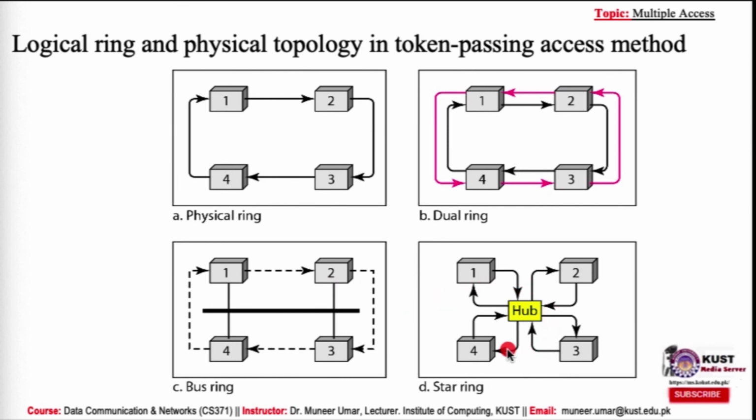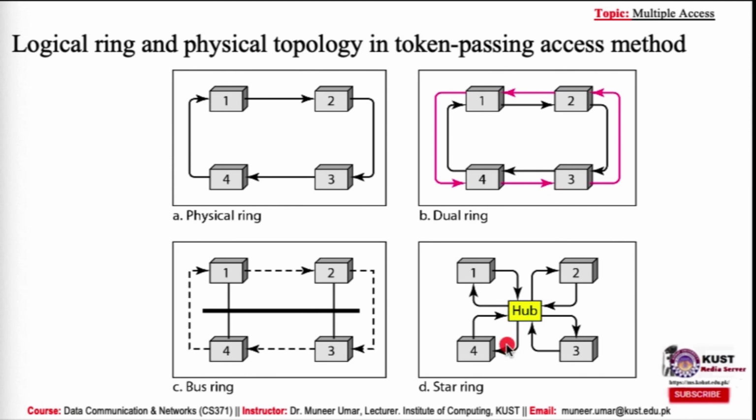The last case is star ring. This is actually the physical topology, the ring topology, and uses a hub, a central device. However, the hub here is only a connector. Wiring inside this hub makes a ring. These stations are connected to this ring through two wire connections.